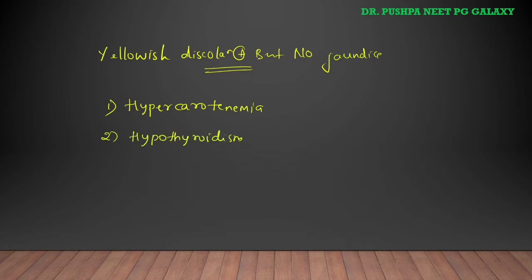In case of hypothyroidism, there is decreased metabolism of carotene, so there is yellowish discoloration but without jaundice. Third one is excessive exposure to phenols or nitric acid. These are the conditions where we can see yellowish discoloration without jaundice.